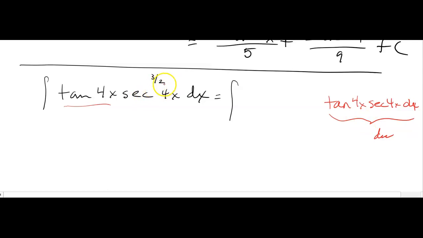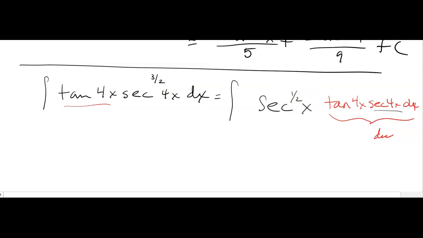Well, if I take out a secant to the 1st power, what would I need to multiply it by to get secant to the 3/2? I would just need to multiply that by a secant. Right? Think about that. We're working backwards. I have secant to the 1st power. I need to multiply it by another secant to get a 3/2 power, so I'm missing the 1/2.